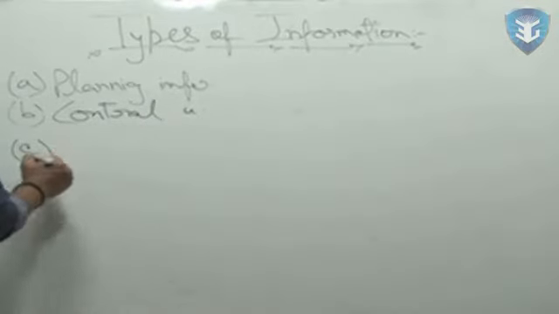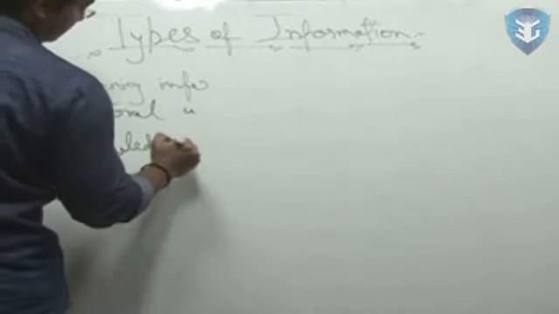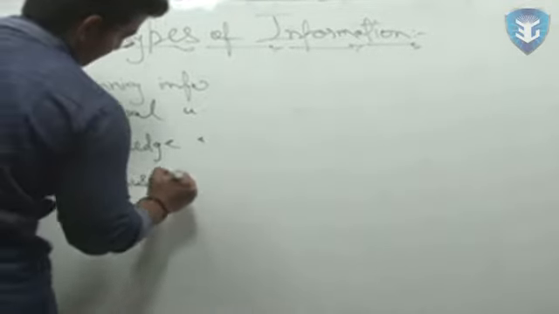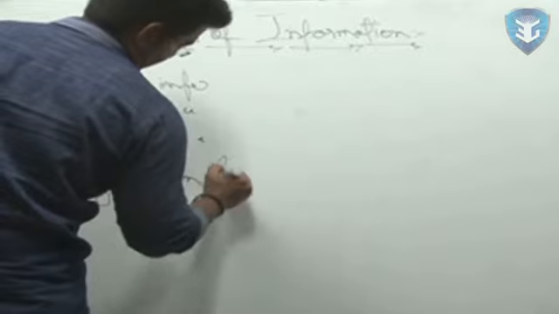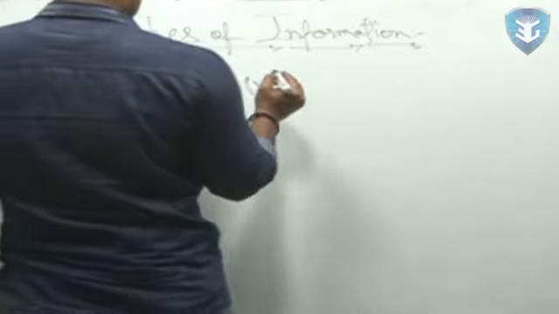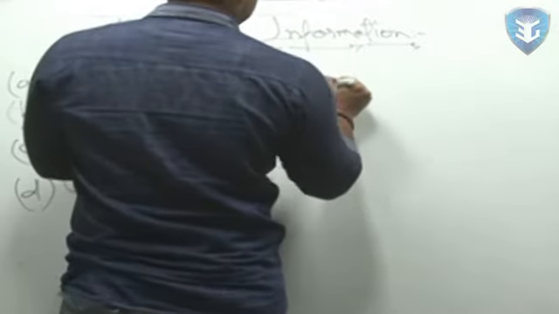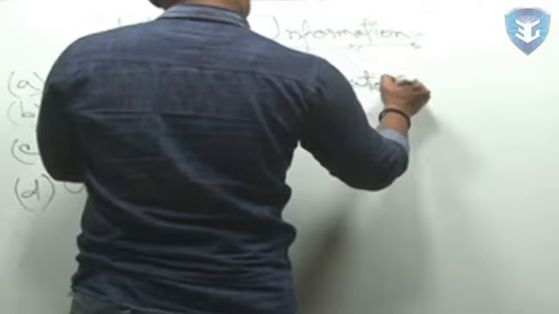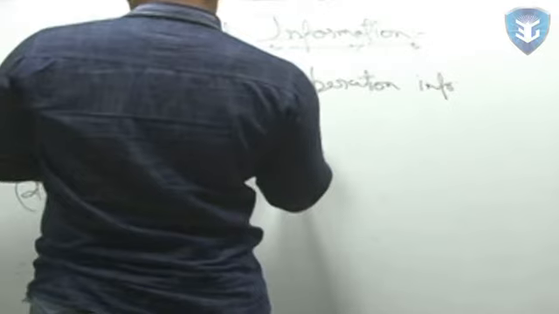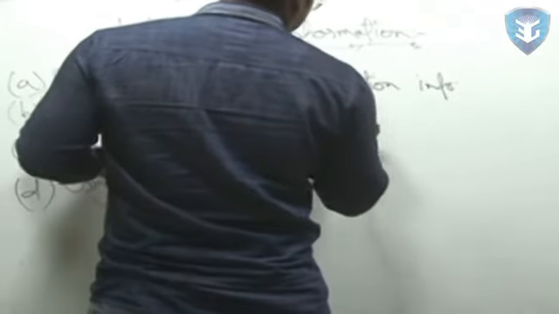Third is knowledge information. Fourth is organizational information. Fifth is operational information. And sixth is database information.